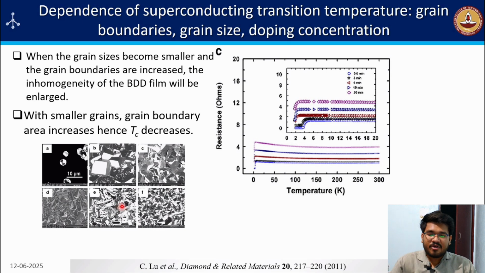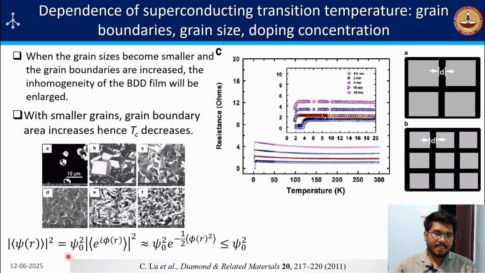If you do the deposition for a longer time, your grain size also reduces, and you can see for the 20 minutes deposition, your Tc actually decreases because of the lower grain sizes. This can be defined by the superconducting density parameter, which depends on the superconducting density n_s0, but with granularity, an exponential factor comes into play. If you have granularity, this exponential factor will decrease the superconducting density exponentially.